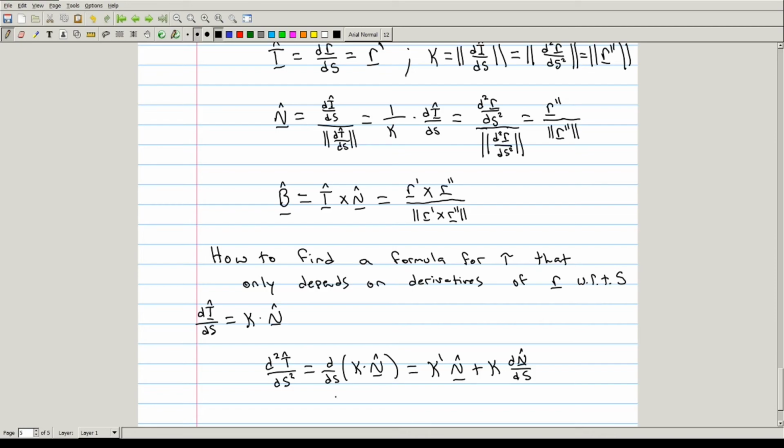That's the second derivative of the unit tangent vector with respect to arc length. It's equal to this.